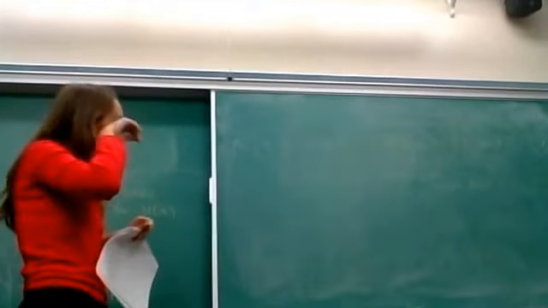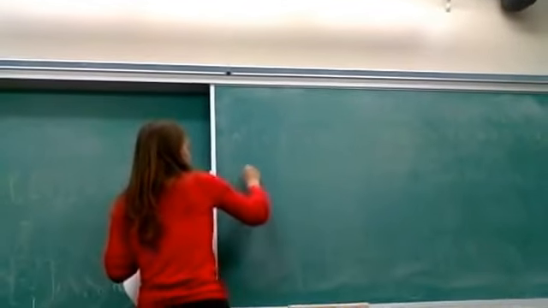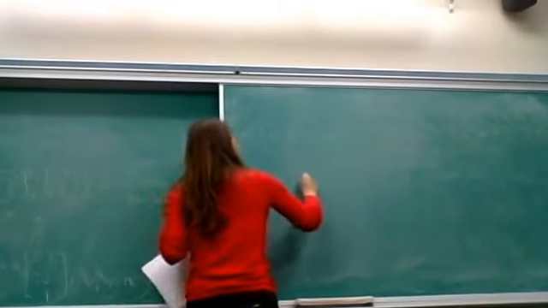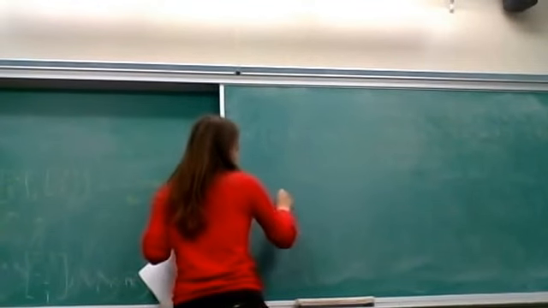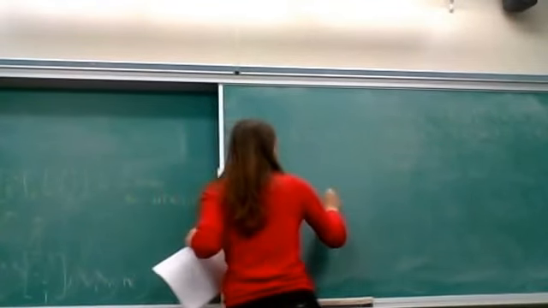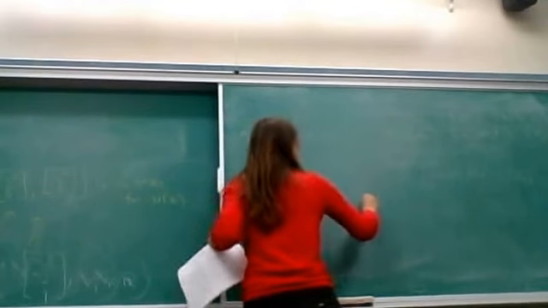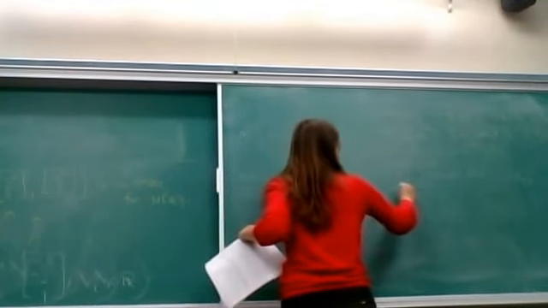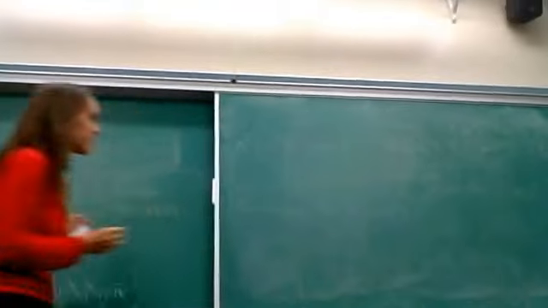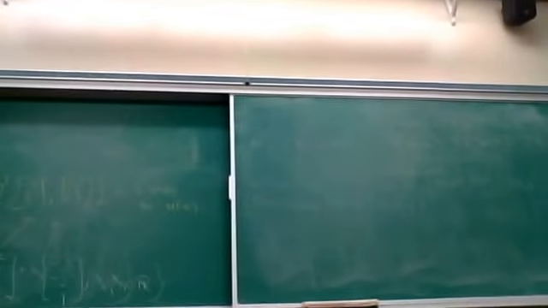And basically what we're going to do is, what are the bases for the column space of the reduced row echelon form? Can somebody tell me that?